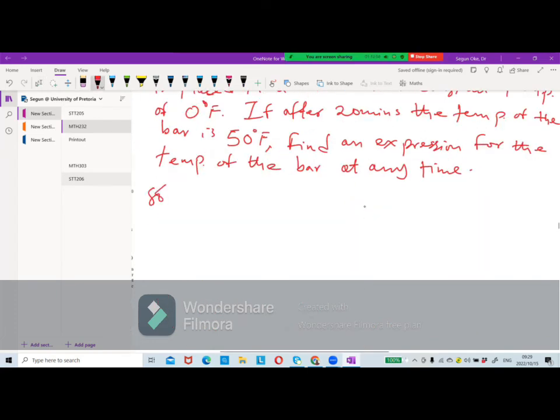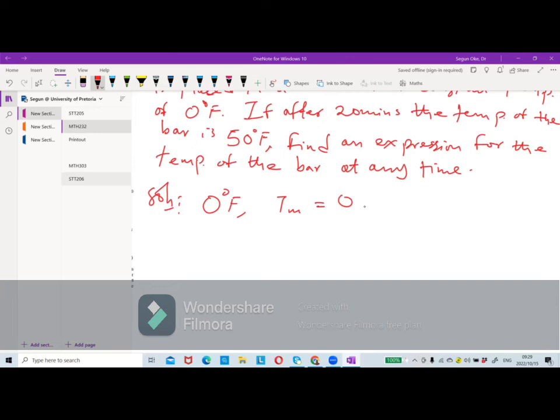So solution now, how do we solve this? The surrounding medium in this case is the room, which is being held at a constant temperature of 0 degrees Fahrenheit. So it simply means that our Tm is equal to 0.